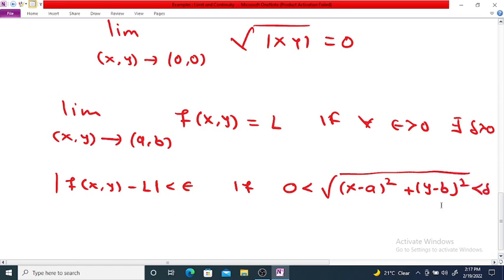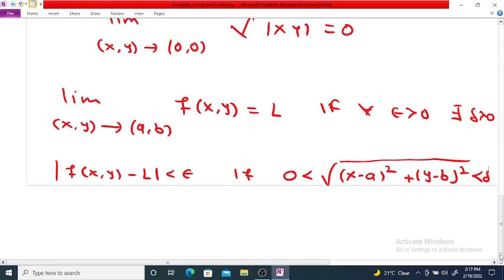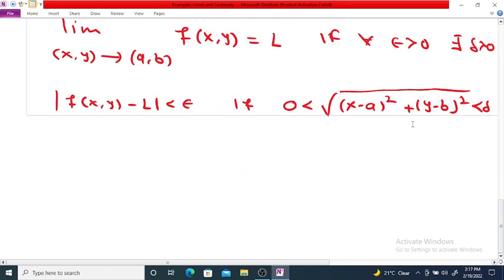That is, there exists a deleted delta neighborhood around a, b such that if we take any point inside that neighborhood, the distance between f and L is less than epsilon.